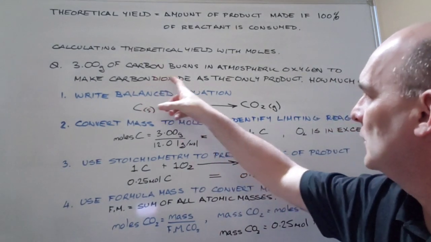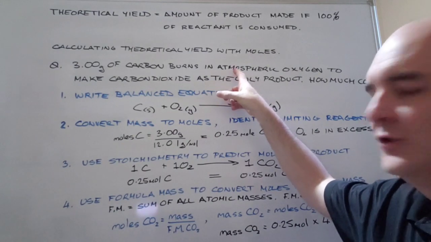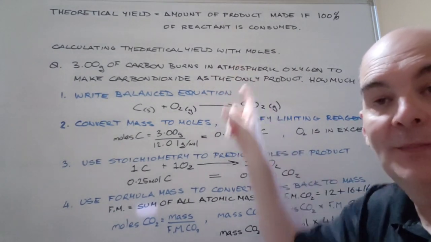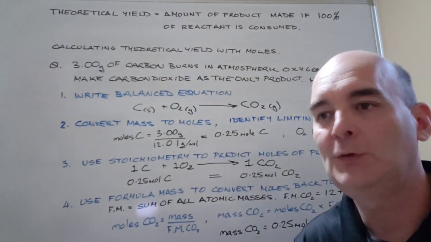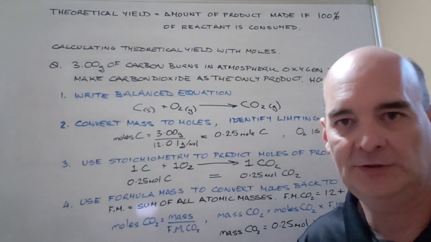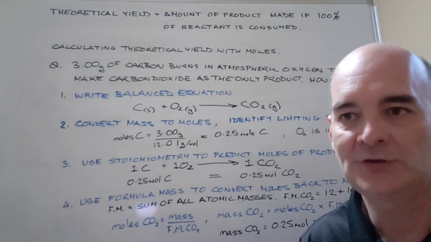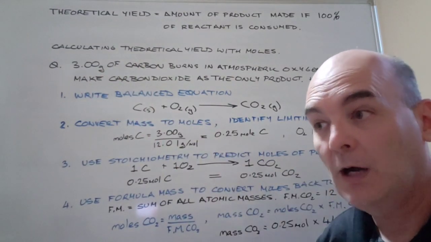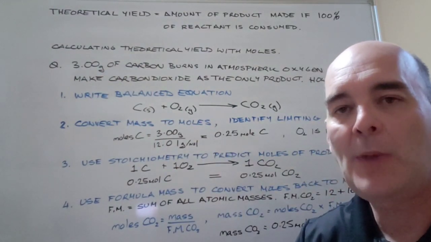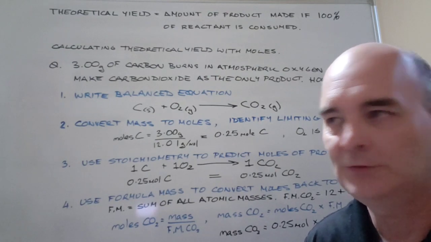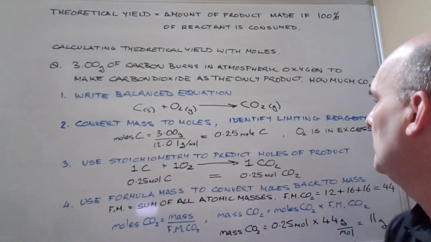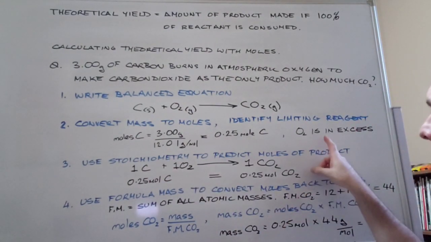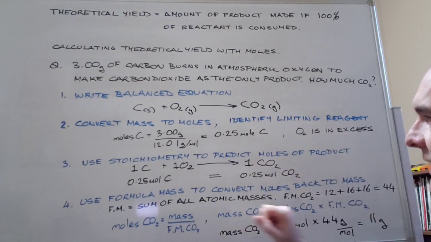The limiting reagent is the reactant that is in the lowest mole quantity, not mass quantity, lowest mole quantity. And it tells us in the question that the oxygen that we use is from the atmosphere. And so we're going to assume that there is an unlimited supply of oxygen in this reaction, and that it's my 3 grams of carbon that are limiting the amount of carbon dioxide that I can produce. So here, carbon is the limiting reagent and oxygen is in excess.